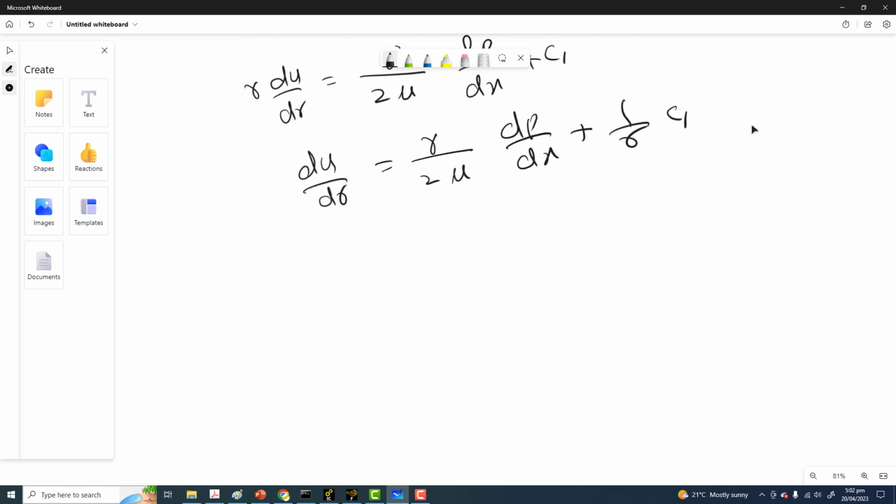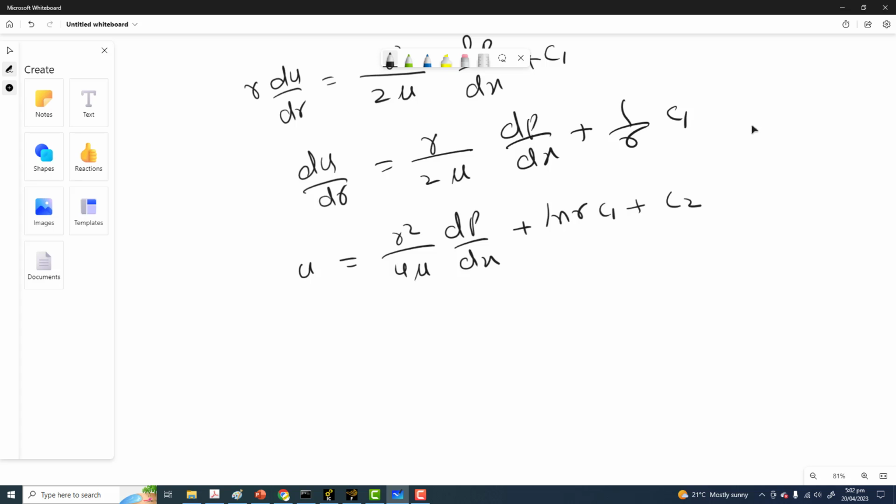Now if you integrate this again, we get u as a function of r: u(r) = r²/(4μ) dp/dx + log(r) c1 + another constant, c2.